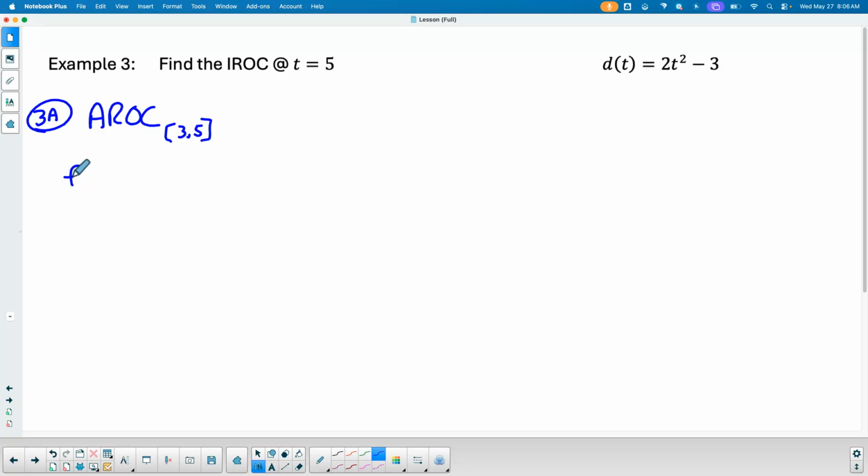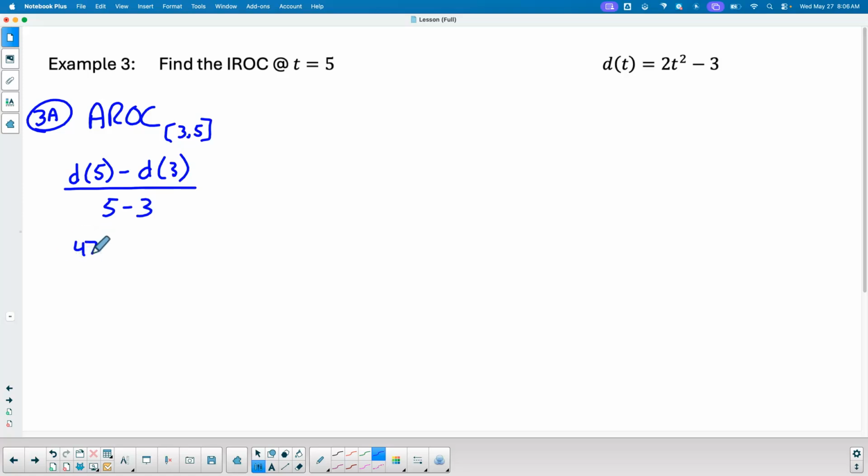It's not F, it's D. So if I plug 5 in there, that's going to be 47.